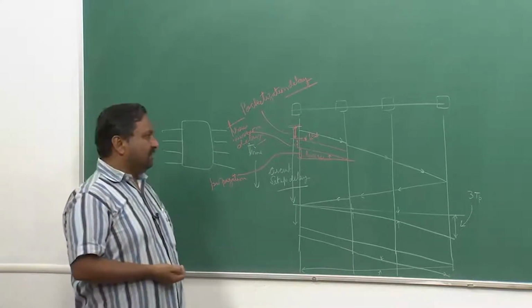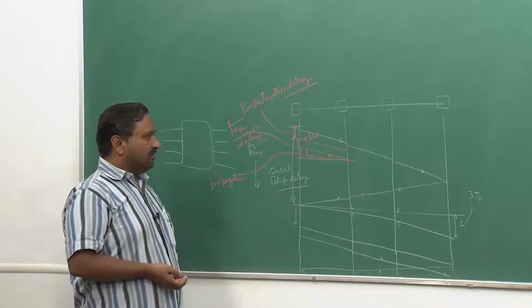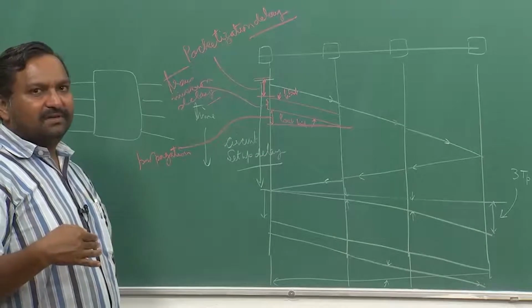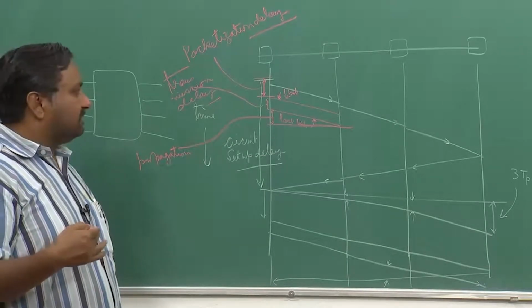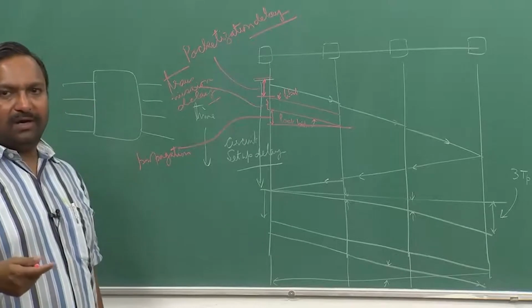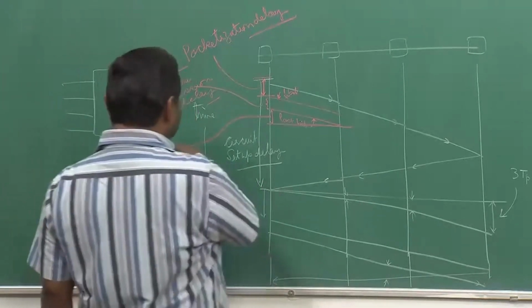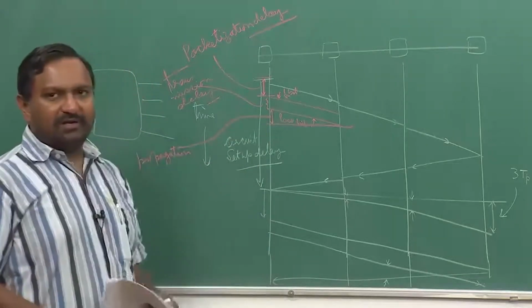So you will be roughly going by 3 divided by 1.5, which is about 2 into 10 to the power 8 meters per second. That will be the speed. So in fact this propagation time will be very small in most of the systems.